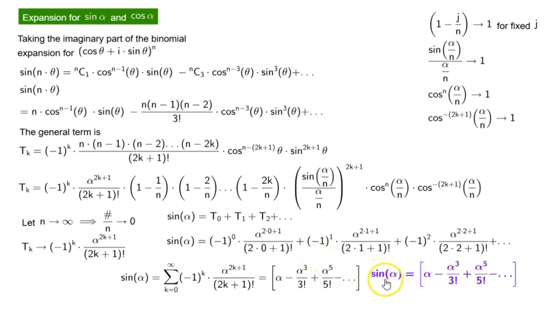So we have found the series expansion of sine alpha. So here alpha can be looked at as alpha to the power of 1 by 1 factorial.